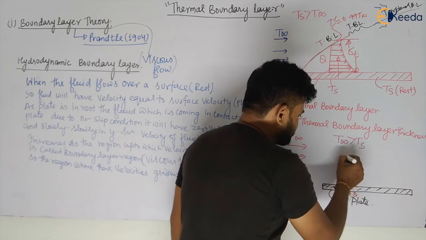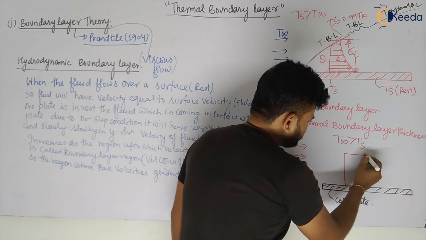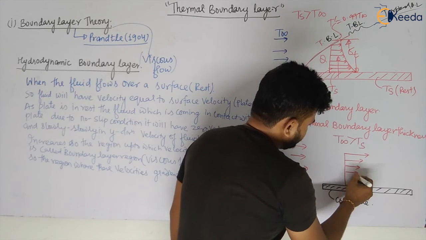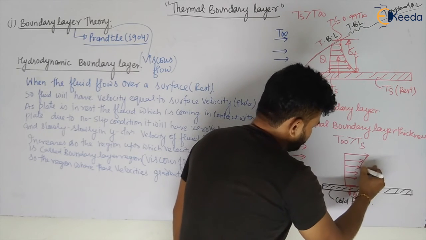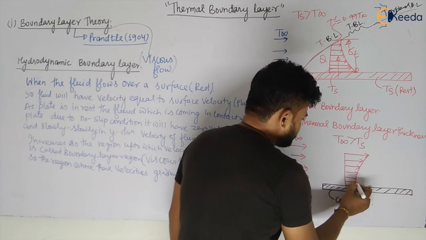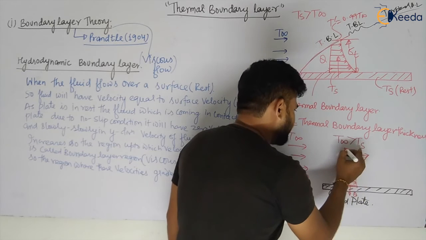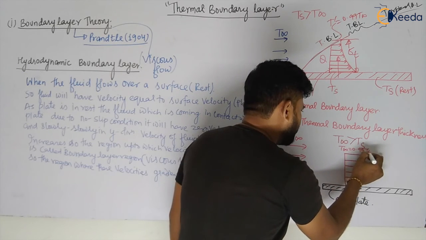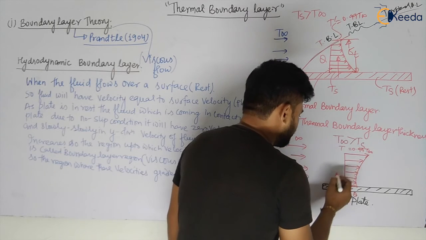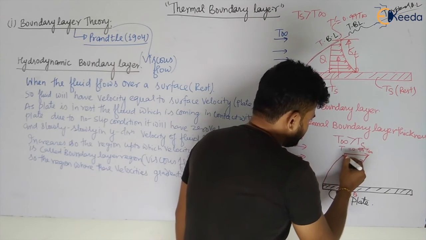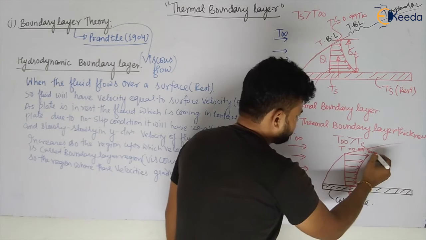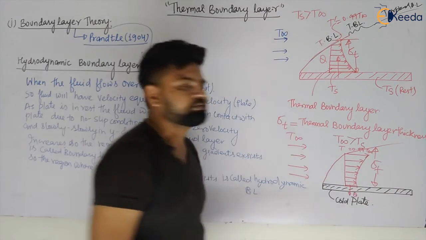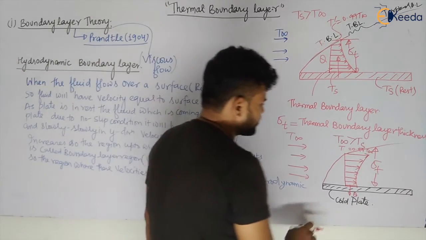Slowly from this layer there will be heat transfer in this direction, like this, and the temperature will be decreasing, so there will be a temperature gradient, and the temperature here will be equal to 0.99 T infinite, my dear students. The region where this is forming is again delta T, the thermal boundary layer thickness.